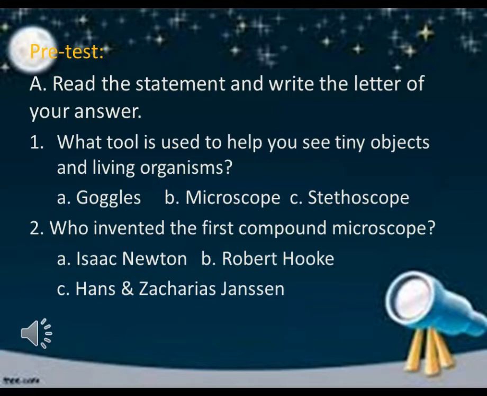What tool is used to help you see tiny objects and living organisms? A. Goggles. B. Microscope. C. Stethoscope. 2. Who invented the first compound microscope? A. Isaac Newton. B. Robert Hooke. C. Hans and Zacharias Janssen.